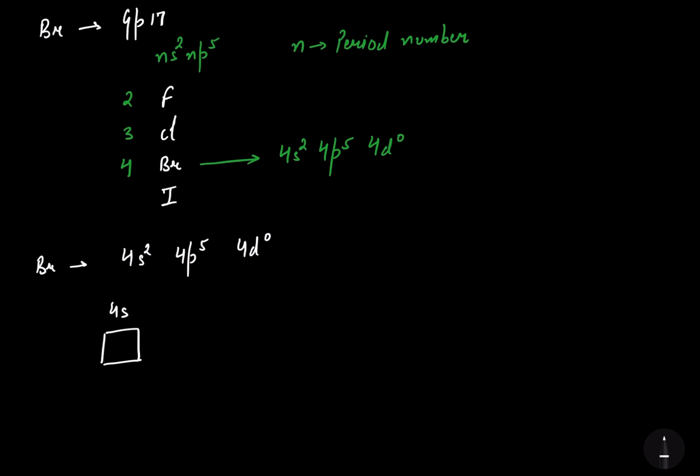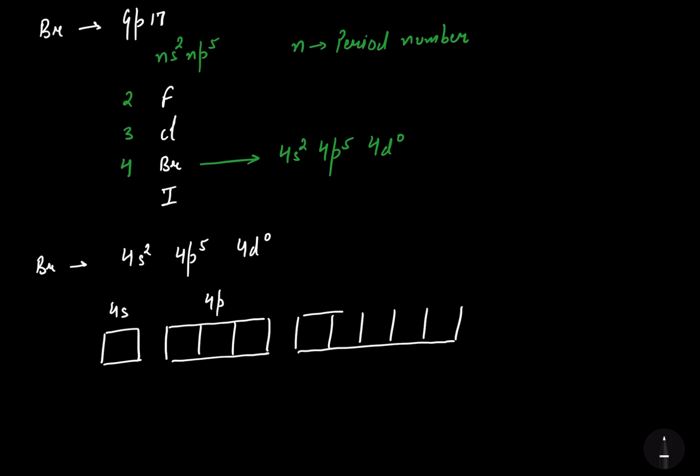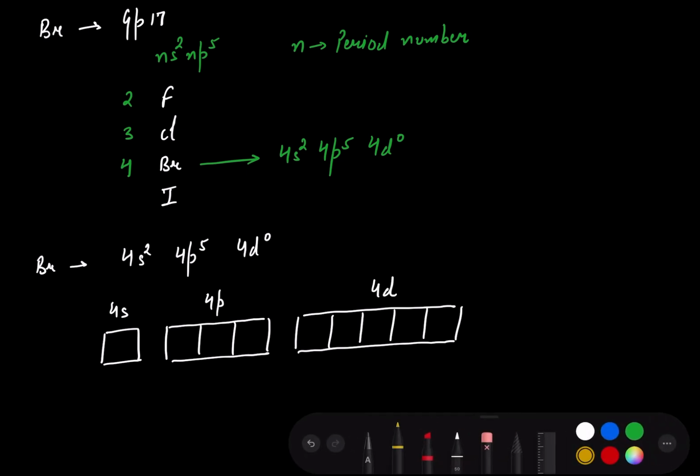In case of p subshell, we know that p subshell has 3 degenerate orbitals, so we have made 3 orbitals or the 3 boxes for the 4p, and in case of 4d we have 5 degenerate orbitals. What do we mean by degenerate orbitals? The orbitals which are having equal energies. So that's the 4d.